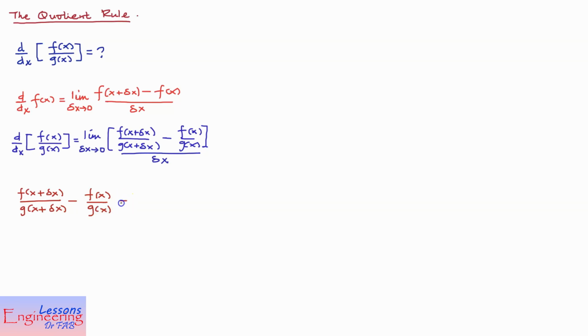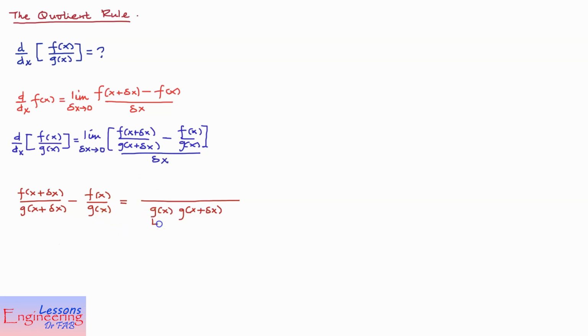This is the difference of two fractions, so I can rewrite this with g of x and g of x plus delta x as a common multiple for its denominator, and then divide this by the denominator and multiply it by the numerator.